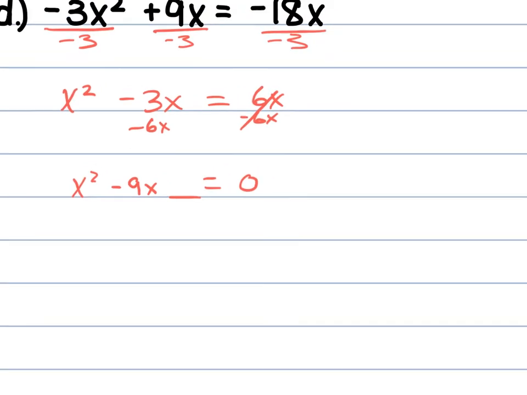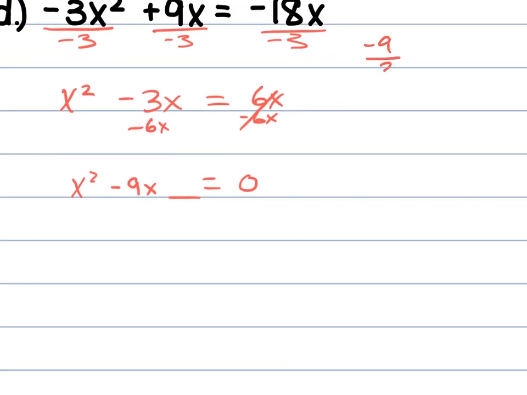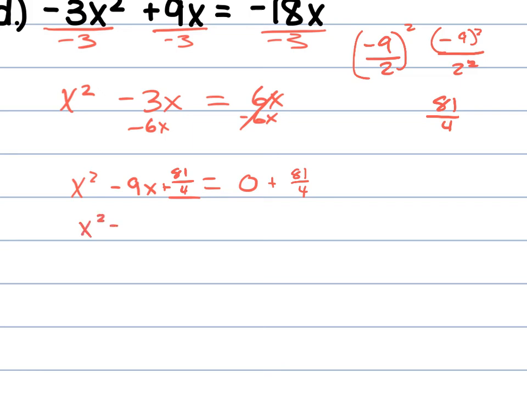Negative 9 divided by 2, squared, which becomes negative 9 squared over 2 squared, which becomes 81 over 4. So this becomes 81 over 4, and this becomes 81 over 4. So we get x squared. Now, here's why you're going to love that trick I told you. Everyone else is going to look at 81 fourths and ask how to factor that.